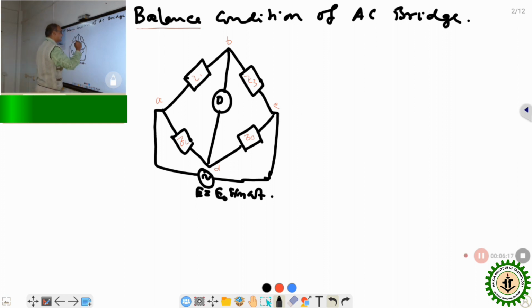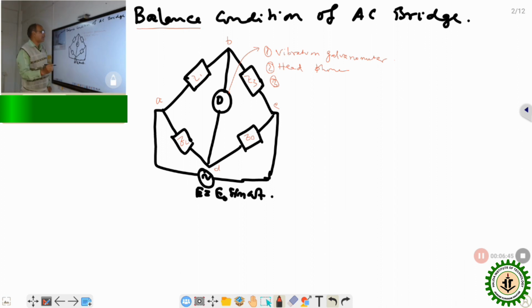Here you can use a vibration galvanometer, you can use headphone, you can use a tunable amplifier.